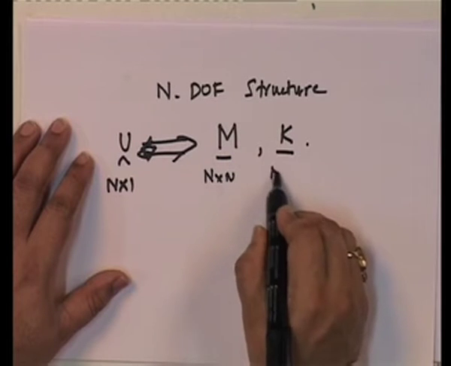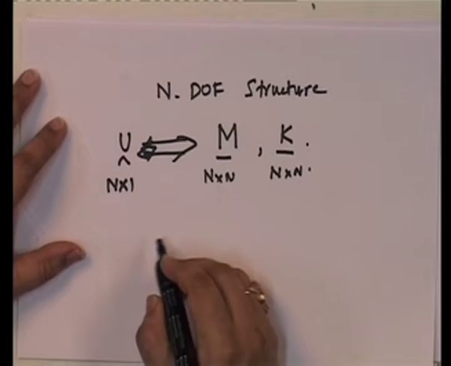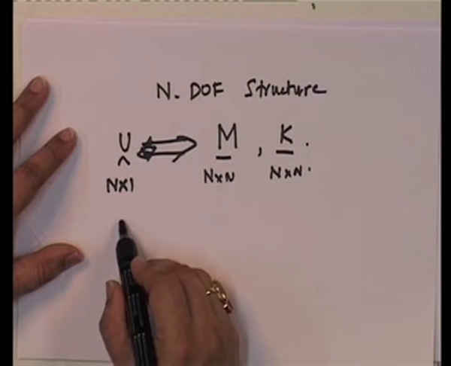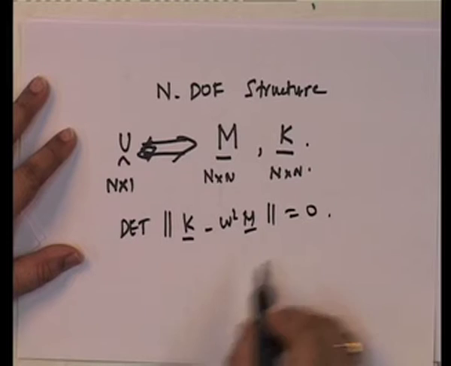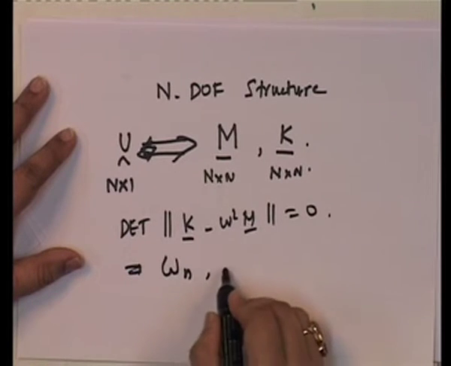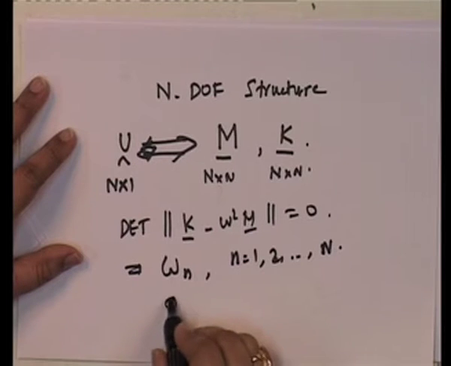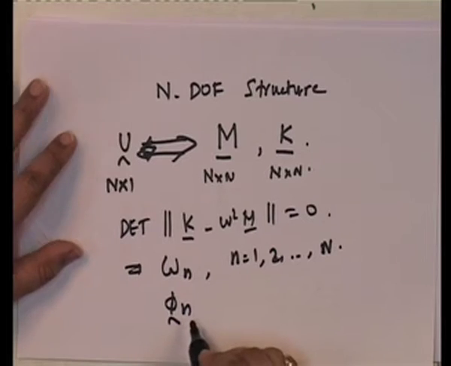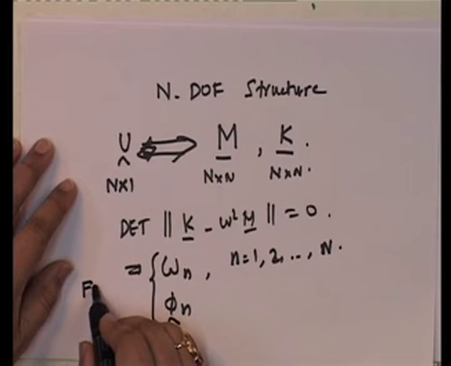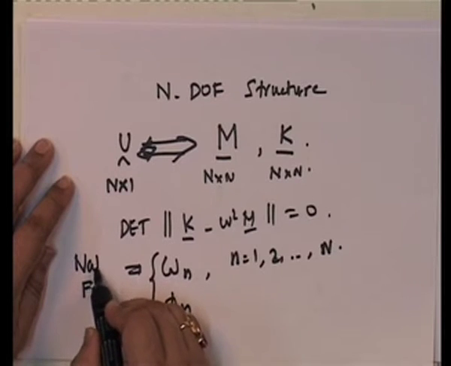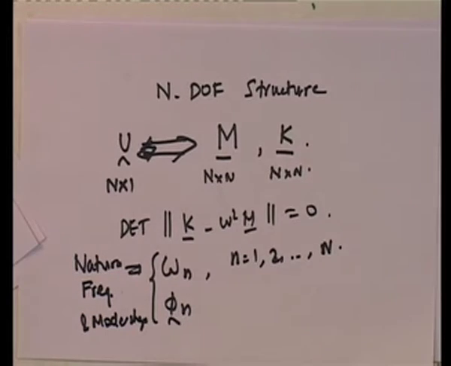These are size n by n, and we have already developed how to get M and K. Then by solving determinant K minus omega squared M, okay, you get omega n, n equal to 1, 2, 3, 4 to n, you get n, and corresponding to every omega n you have a phi n, and these are the natural frequency and mode shapes of the structure.